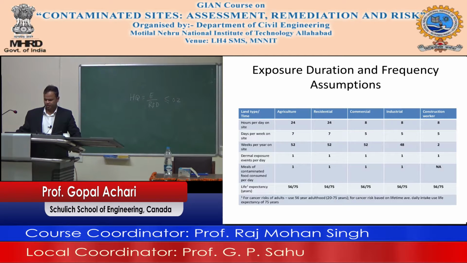Water ingestion rate 0.3 liters per day. Time spent outdoors, for teens and adults, I mean for children, that baby is nothing there. So skin surface area, hands, upper arms, lower legs, and so on. Soil loaded to exposed skin.